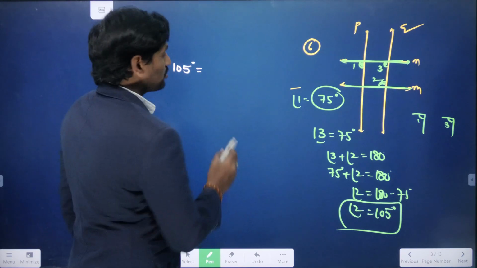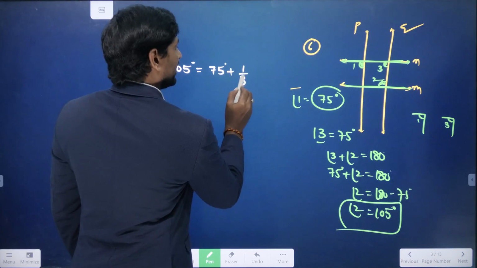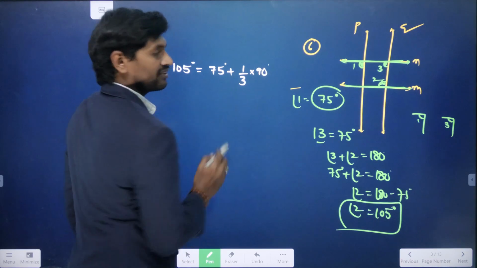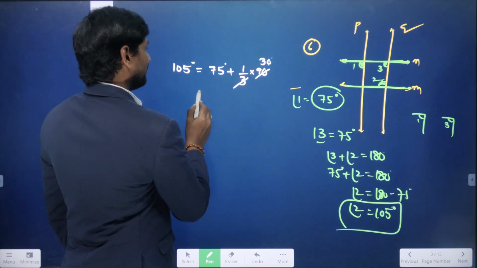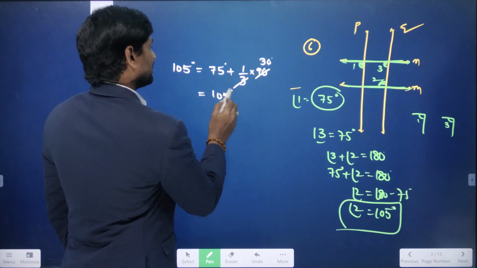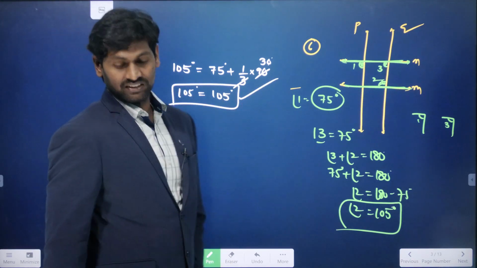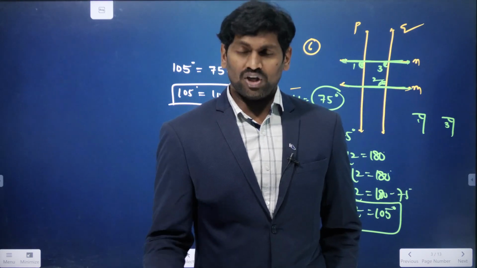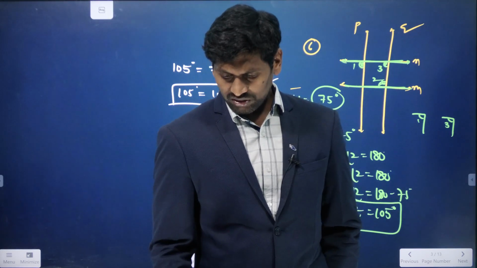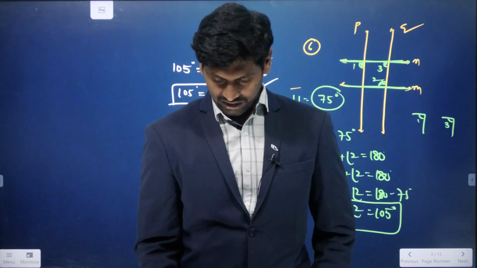That should equal angle 1, 75 degrees, plus 1/3 of 90 degrees. 3 times 30 is 90, so 1/3 of 90 is 30. 75 plus 30 is 105. Yes, both are equal. So option 1 is correct. We got the answer in the first option only, so option 1 is the correct answer.